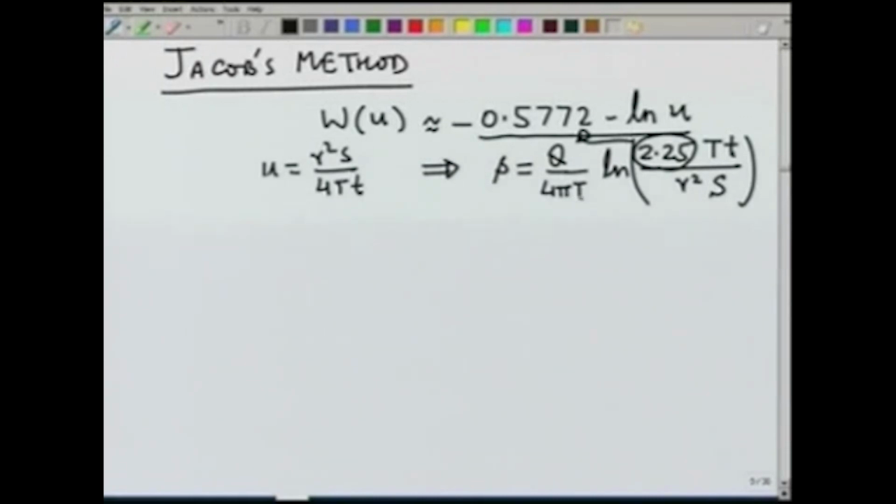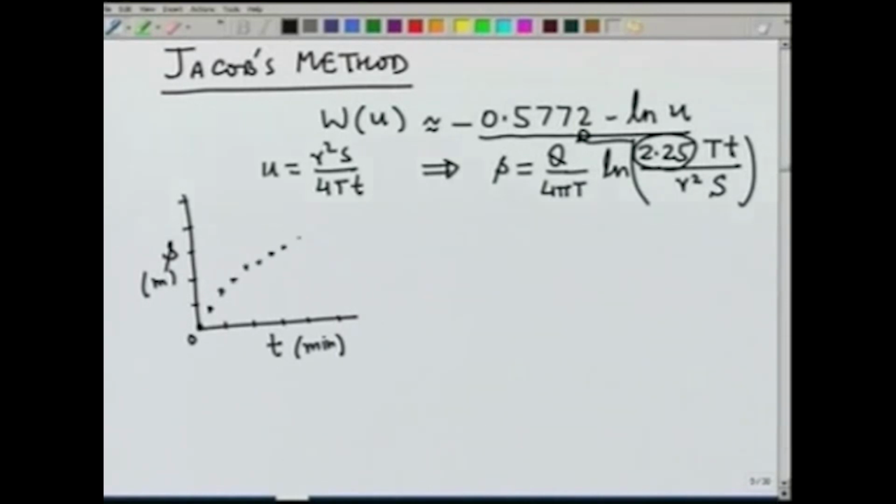Using this approximation and from the data of S versus T, so what we have in the field is measurement of drawdown at different times. The T value typically is taken in minutes, but any other unit can also be used. S generally will be in meters, and the plot would look like this.